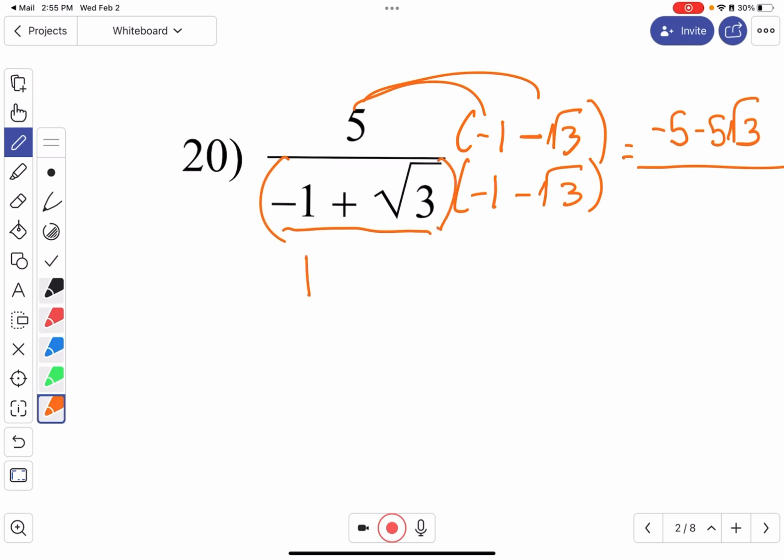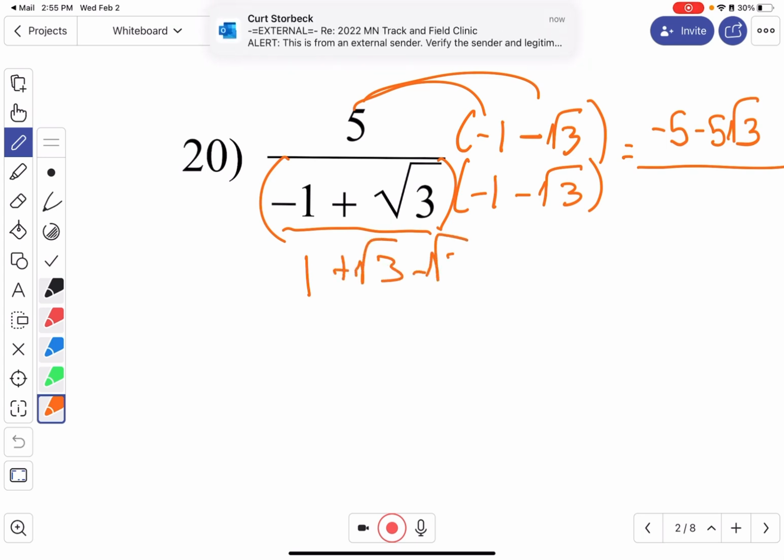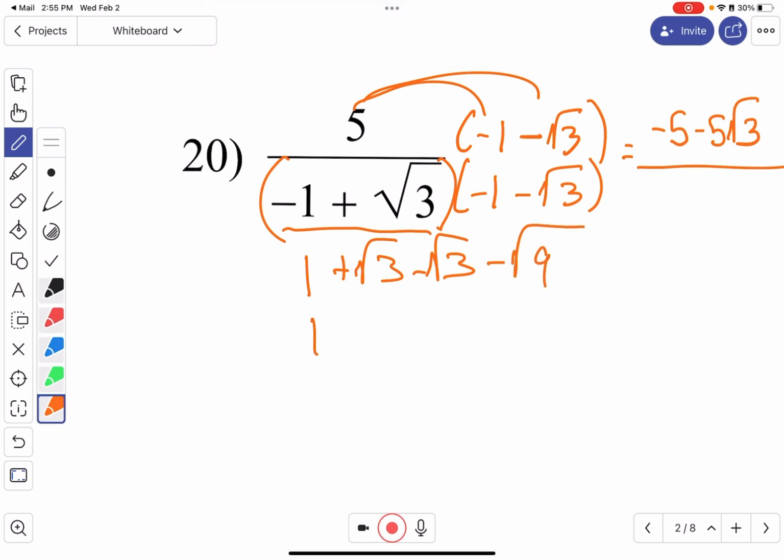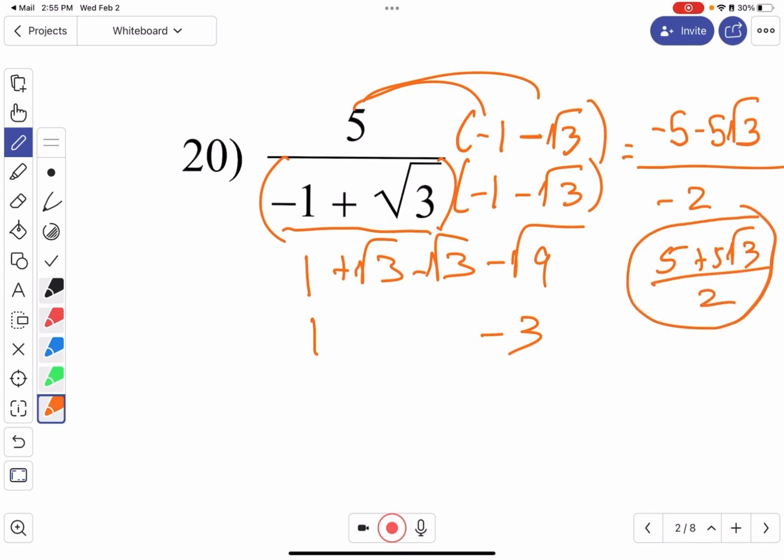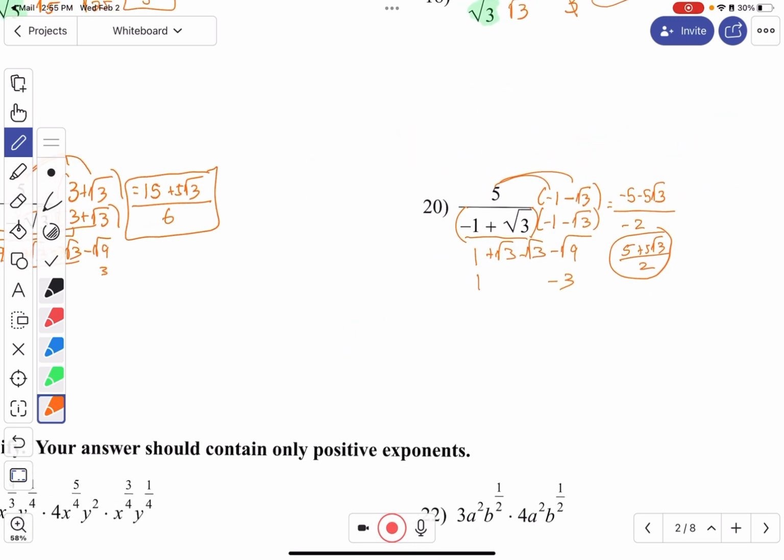Negative 1 times negative 1 is 1. And the inside terms are going to go away, so we'd have plus radical 3 minus radical 3, and then minus radical 9. So we've got 1 minus 3, so negative 2. And then since that's negative, we can change the signs of everything to get to our solution. And there's number 20.